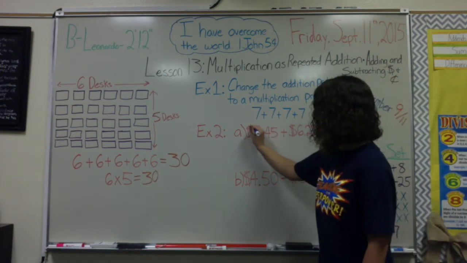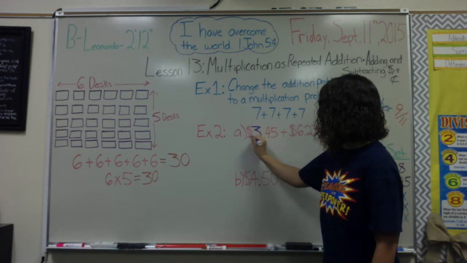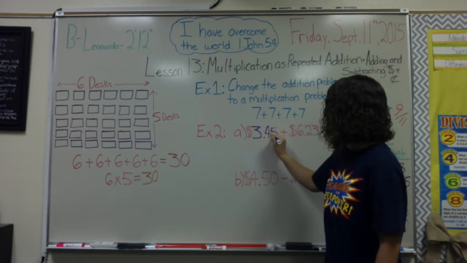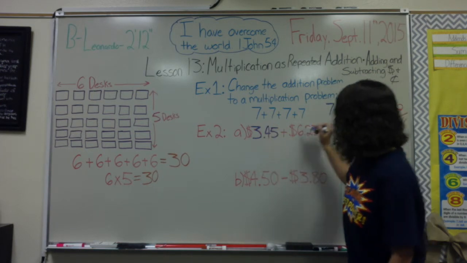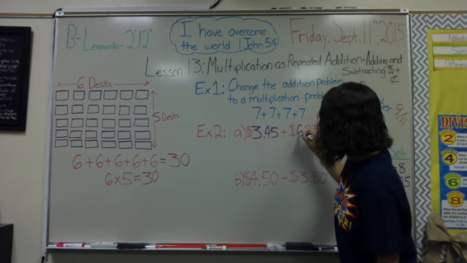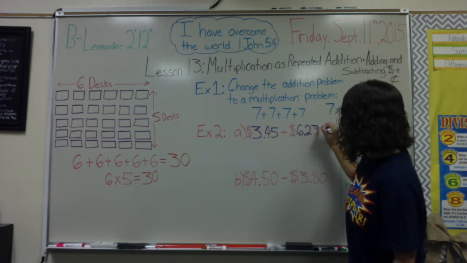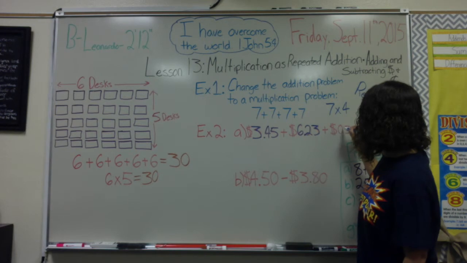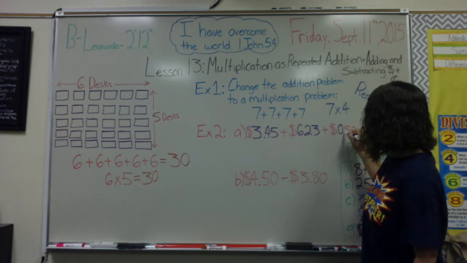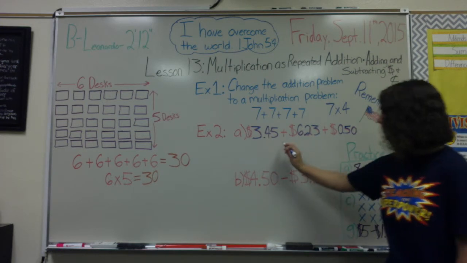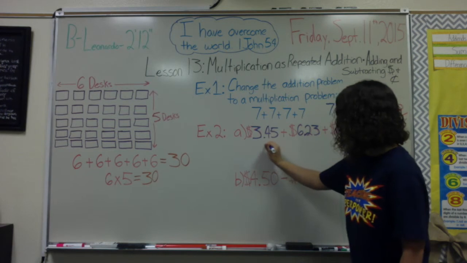I'm going to rewrite this over with the blue because it looks like the red isn't turning up as much. So $3.45 plus $6.23 plus 50 cents. So I'm going to go ahead and add those, lining up my decimal points.